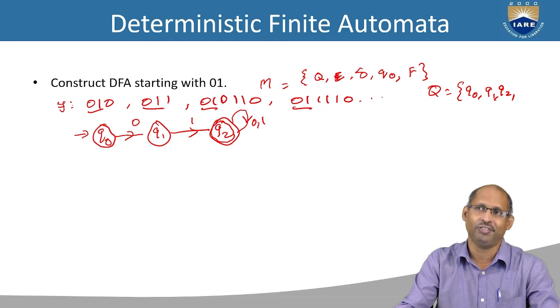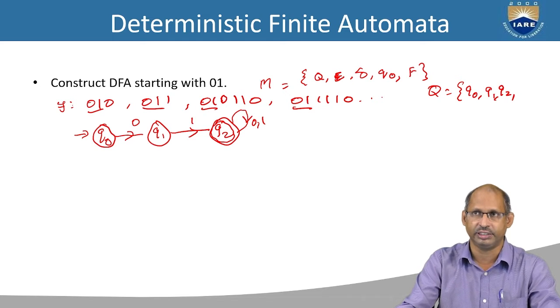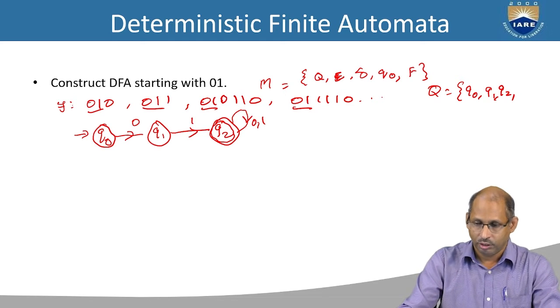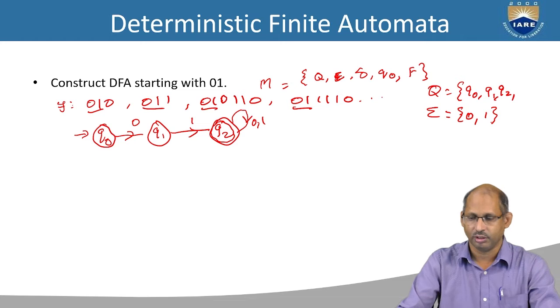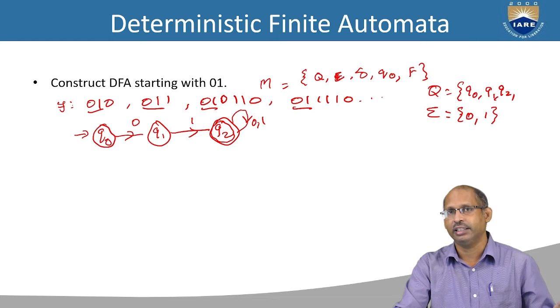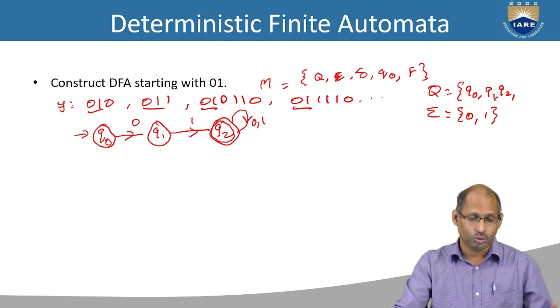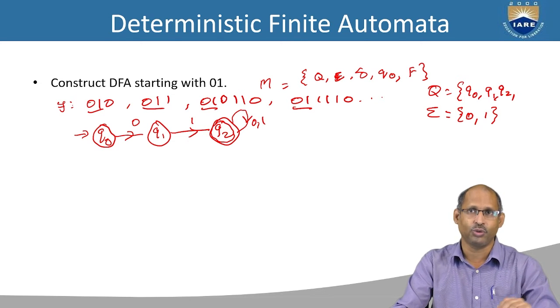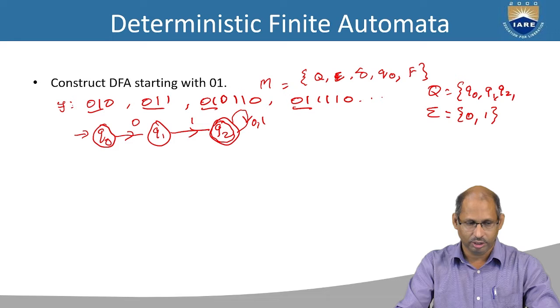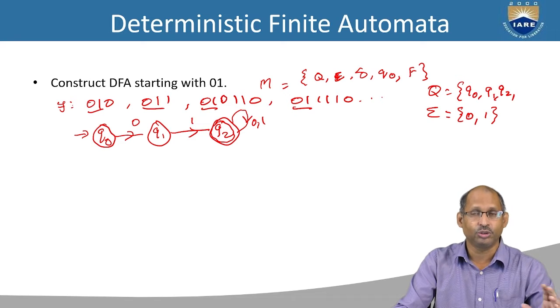We'll see what the final available states will be. The input alphabet is 0, 1. Now, Q0 on 0 we have determined goes to Q1.